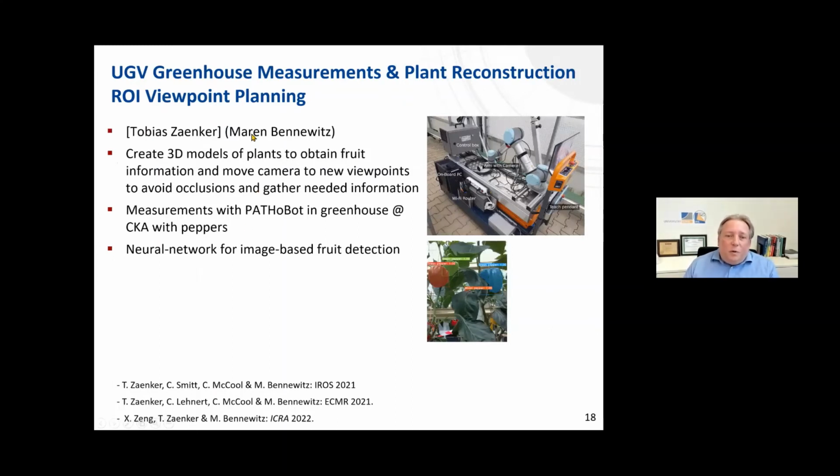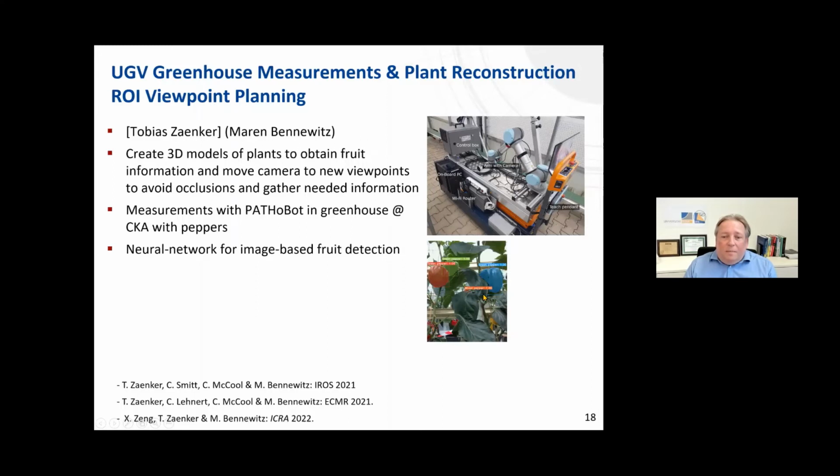In the PhD project supervised by Maren, Tobias Zenker is looking at moving the camera such that one can get a more complete view of the scene. And so far, this has not been integrated to the ground robot, but it's done in the greenhouse with this mobile robot developed by the group of Chris McCool.